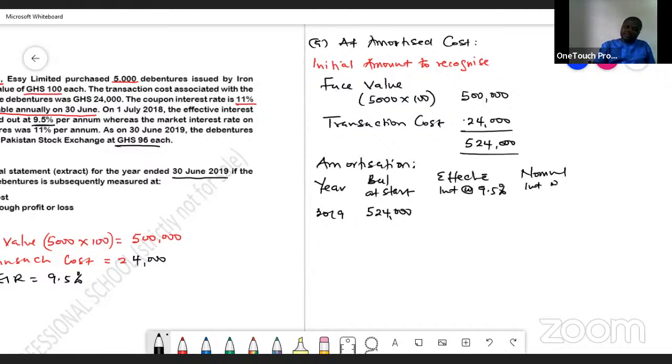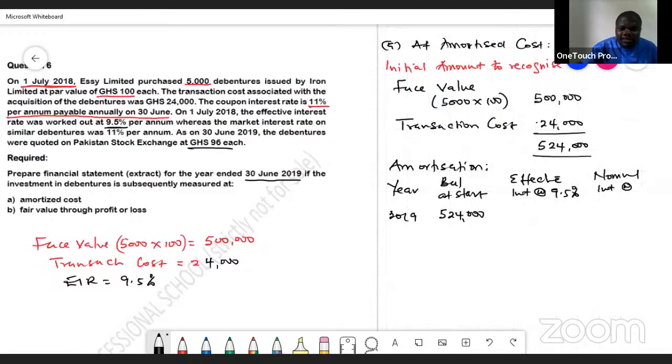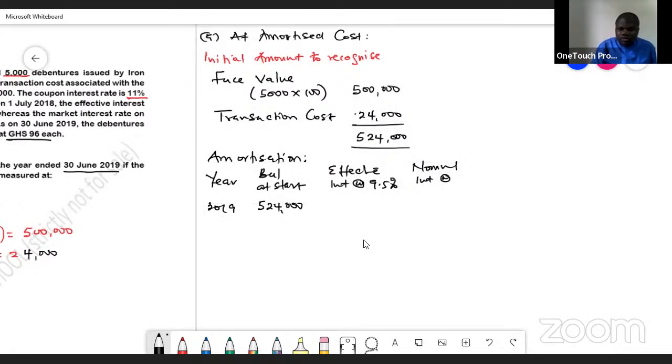Nominal interest: the coupon interest rate is 11% per annum. These are how we get it. But the effective interest rate is 9.5. So this is at 11%.